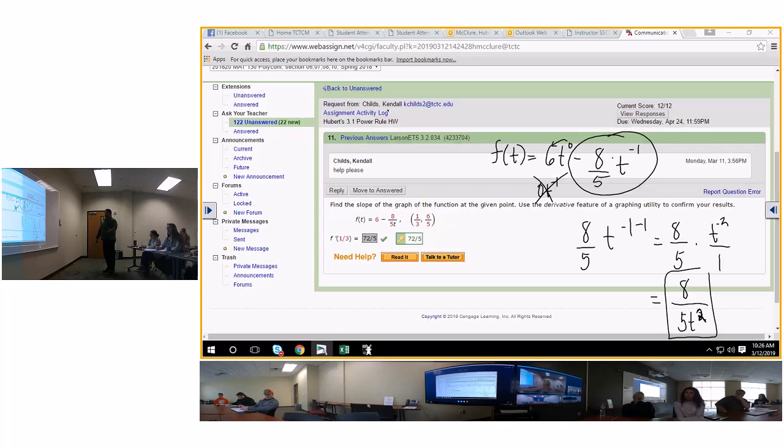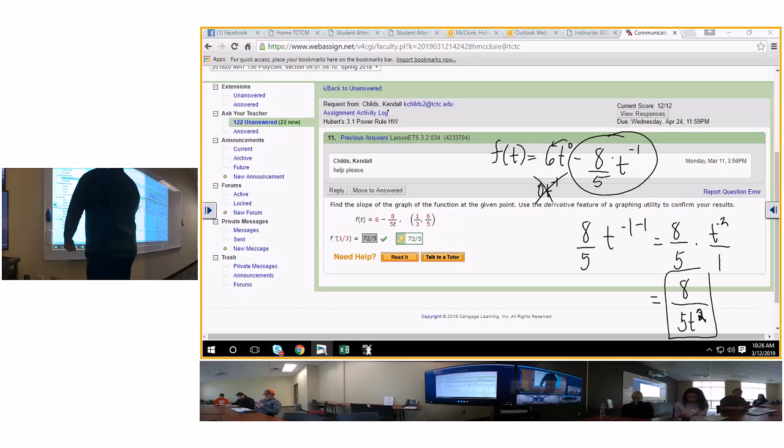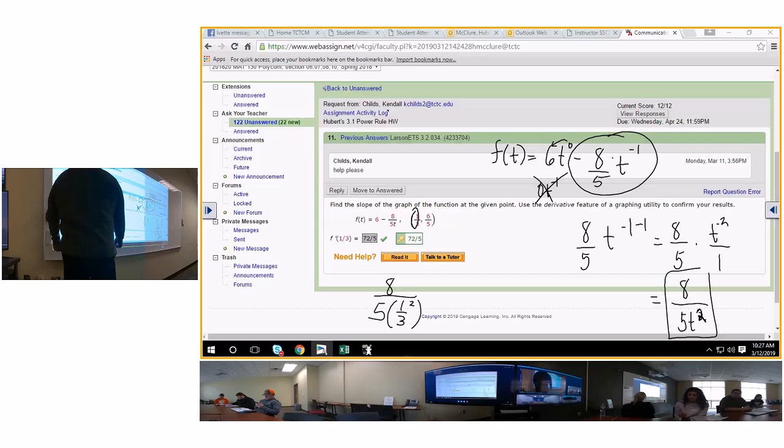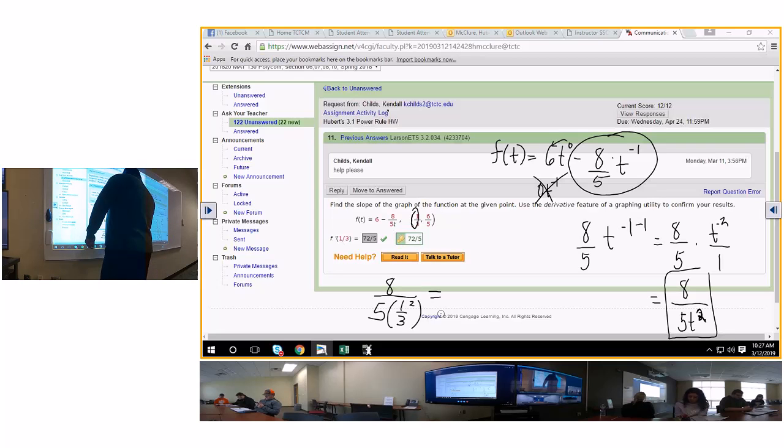So they give you t as 1/3. What are you going to do when you type in 1/3? You're going to put it in for t. So here, t is equal to 1/3. So 8 over 5 times 1/3 raised to the what? Second power. Might as well forget this. Why? You got fractions, and y'all can't do what?